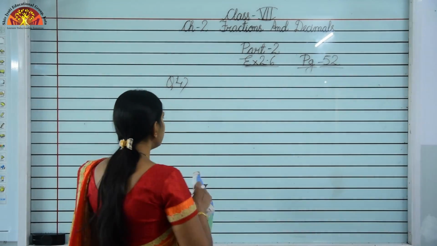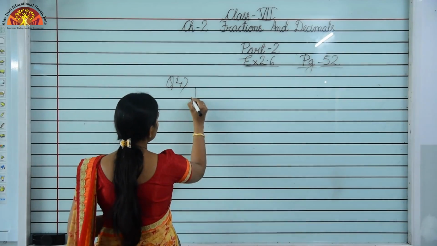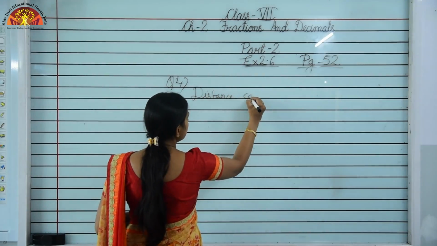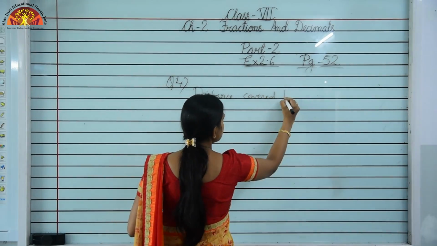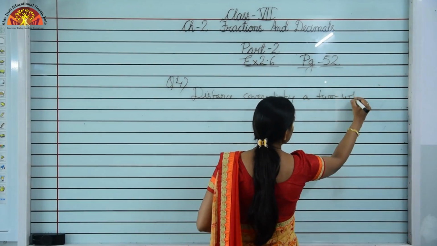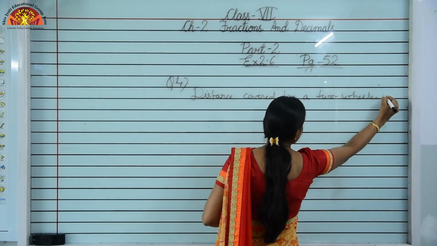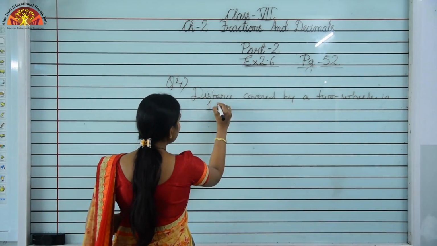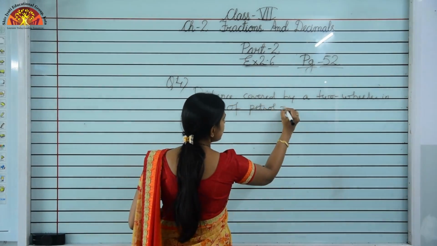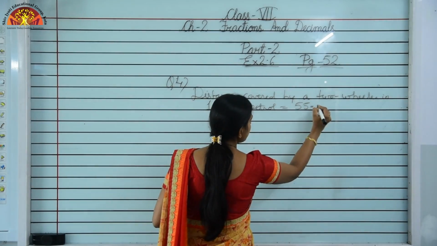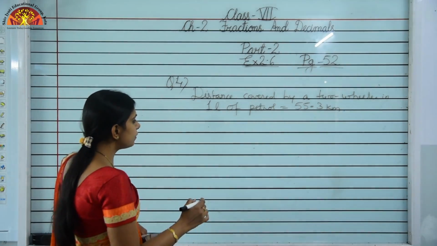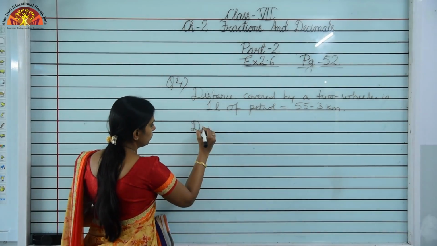So we can write the distance covered by a two-wheeler in 1 liter of petrol is equal to 55.3 kilometers. Now what you have to find is the distance covered by a two-wheeler in 10 liters of petrol.